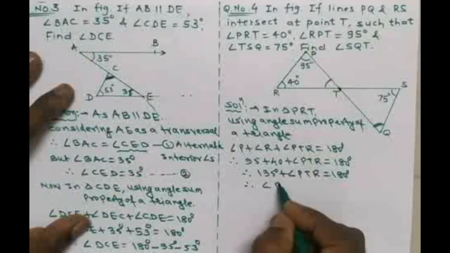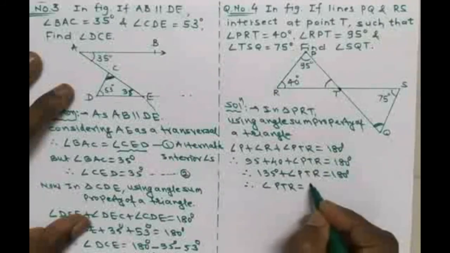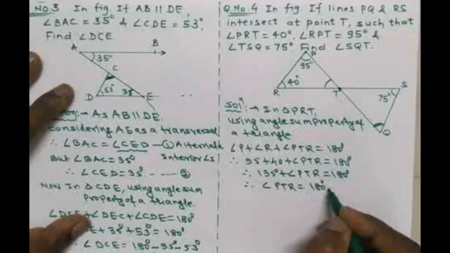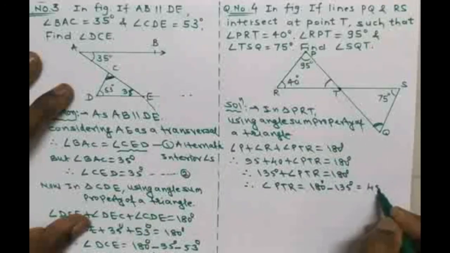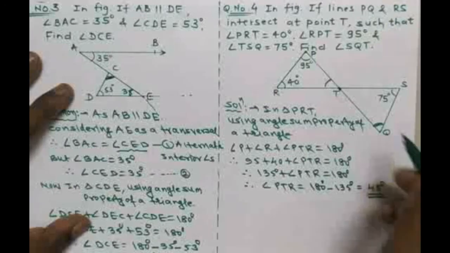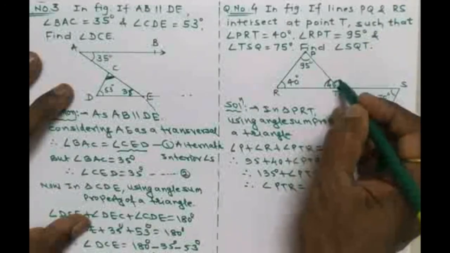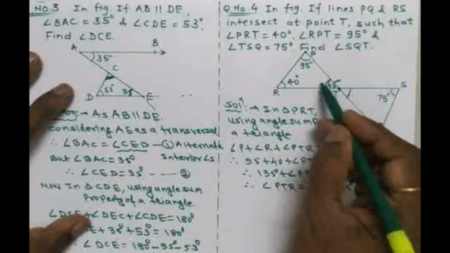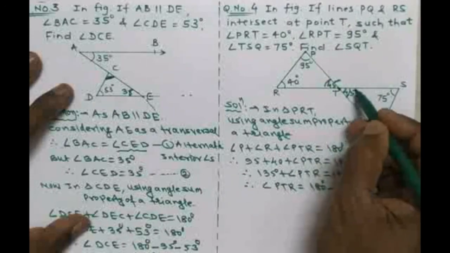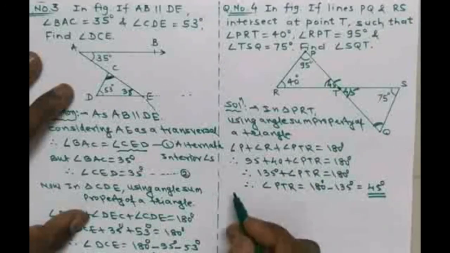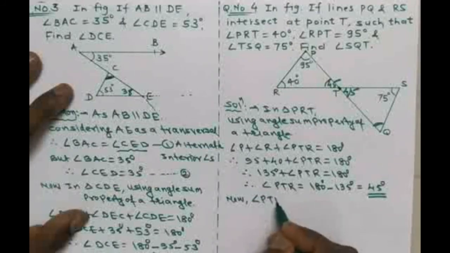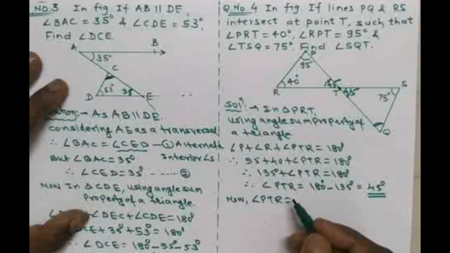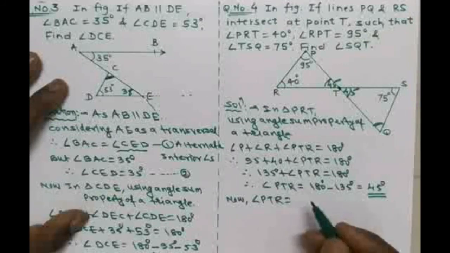Therefore angle PTR equals 180 degree minus 135 degree, that is equal to 45 degree. So this is 45 degree. Now this angle is the vertically opposite angle, so it will be 45 degree. Angle PTR equals angle STQ.